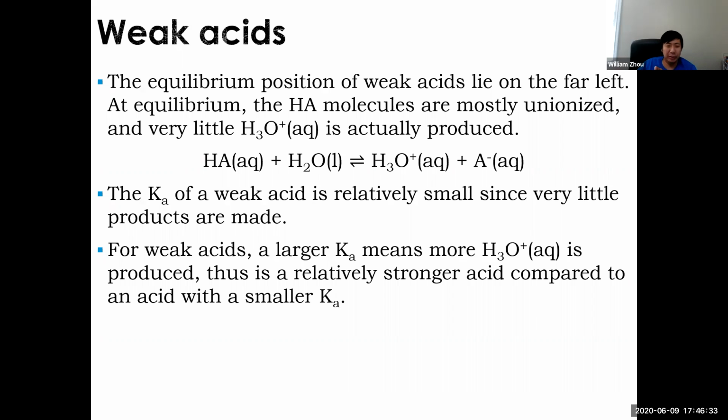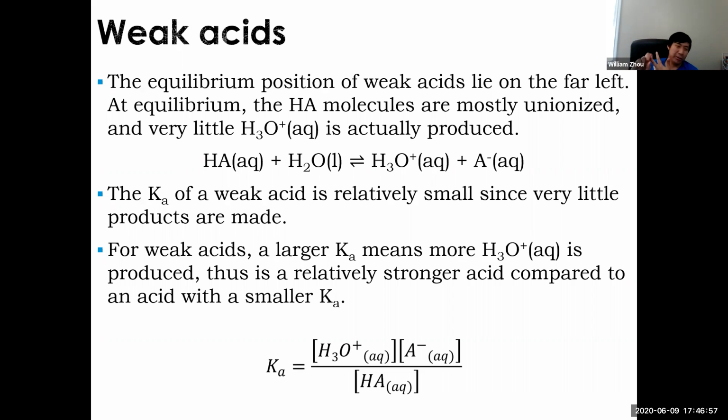Does that make sense? So you compare Kas amongst weak acids. High Ka means more acidic. Small Ka means less acidic. And that's how you calculate Ka. We talked about this already. So these are weak acids. They're at equilibrium. They have a Ka value that is quite small, and they don't 100% ionize. Usually, the equilibrium favors heavily the reactants, not the products.